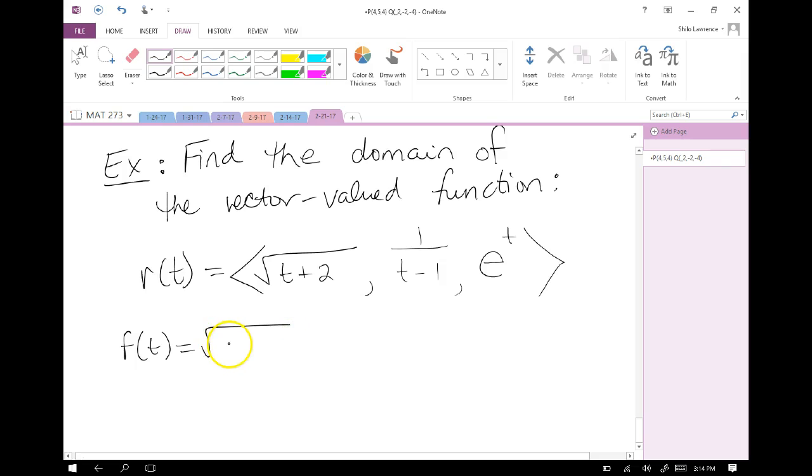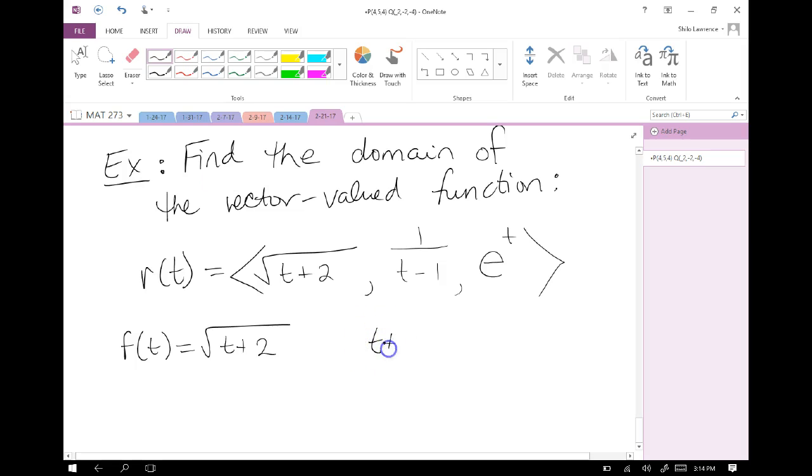All right, so our first piece of r of t is the square root of t plus 2. That function will have problems. We can't plug anything we want into it. So with square roots, we can't end up with a negative radicand. It's not that we can't plug negatives into it, it's that we can't end up with a negative radicand.